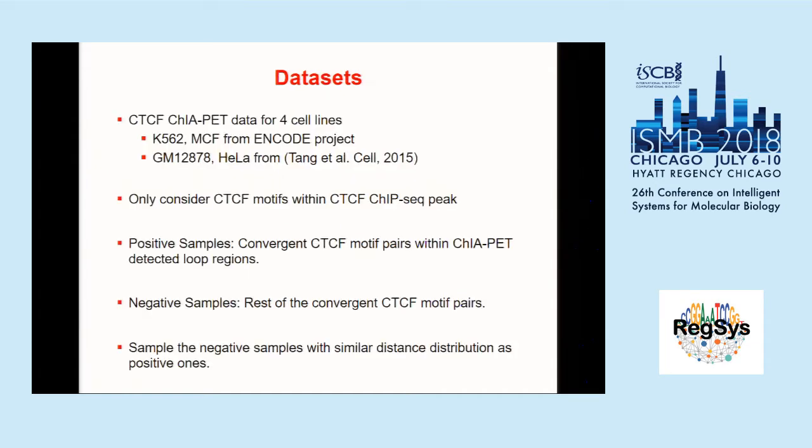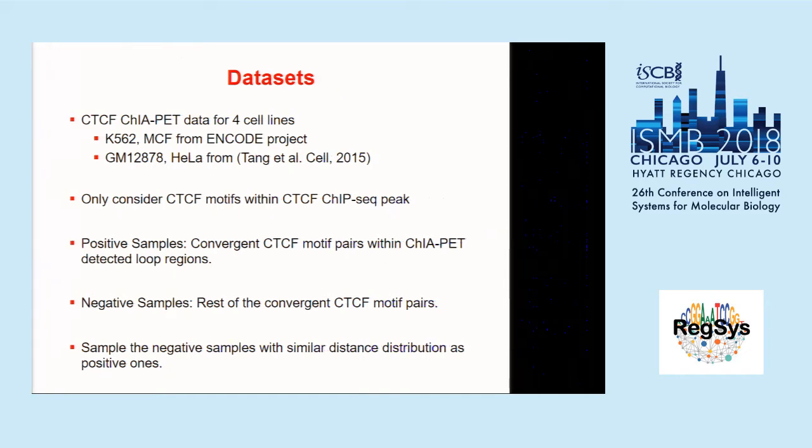For the data processing part, we use CTCF ChIA-PET data for 4 cell lines from both the ENCODE project and from this work from Tang. For a certain cell line, we only consider CTCF motifs within CTCF ChIP-seq peak regions, which indicates that these motifs are actually bound by CTCF protein. We define positive samples as convergent CTCF motif pairs within ChIA-PET detected loop regions.